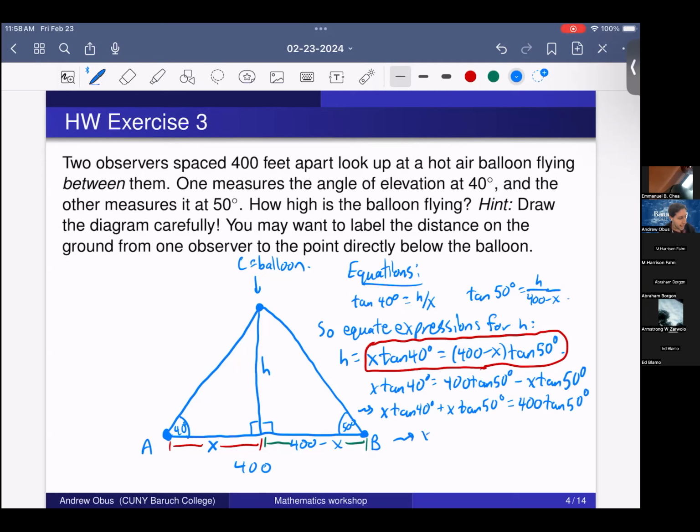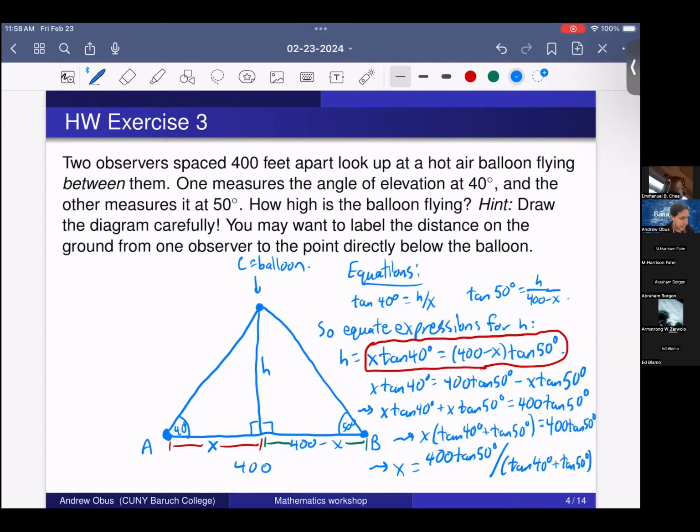And that gives us x times tangent of 40 degrees plus tangent of 50 degrees equals 400 tangent of 50 degrees. I'm running out of space, so I'll write the last thing here. So x in this case is going to be 400 times tangent of 50 degrees divided by tangent of 40 degrees plus tangent of 50 degrees.